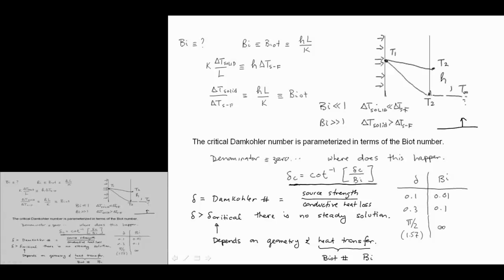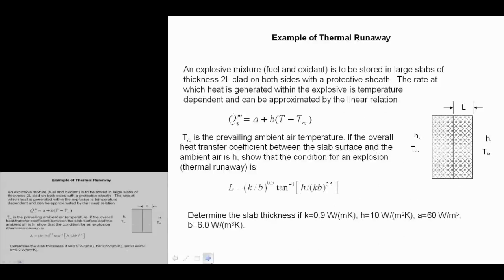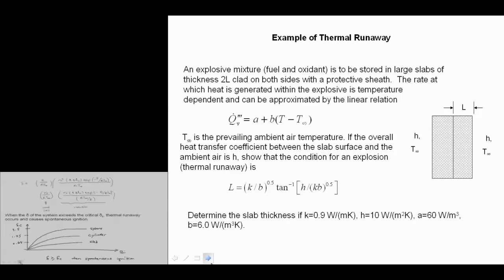And so for different values of the Biot number, we have different values of this critical Damkohler number. And we see that it depends on the geometry, etc. So if our Damkohler number for our problem is greater than the critical value, there is no steady state, and we have thermal runaway.